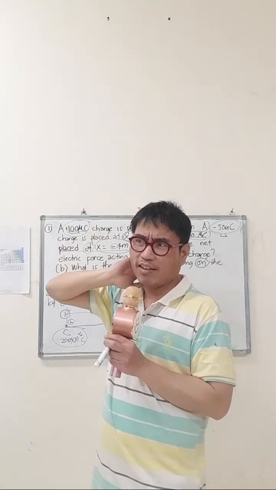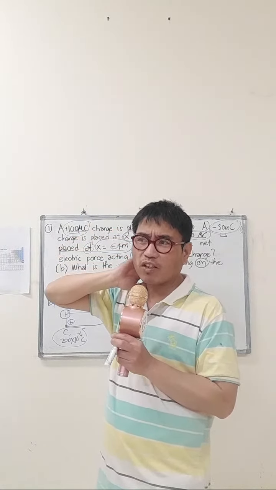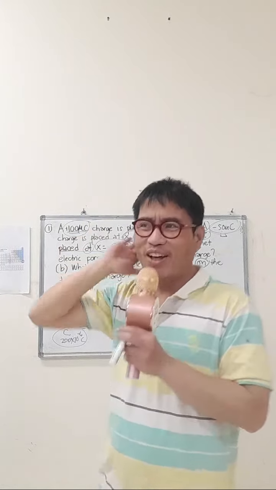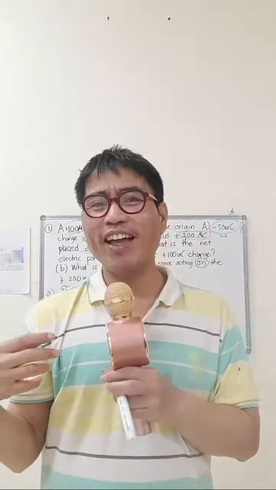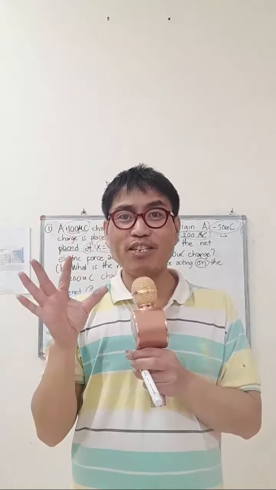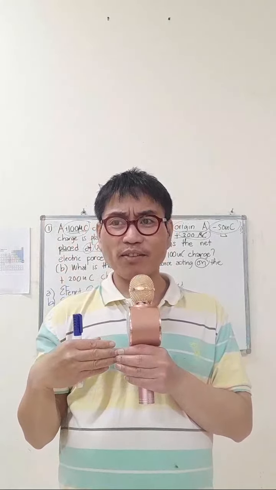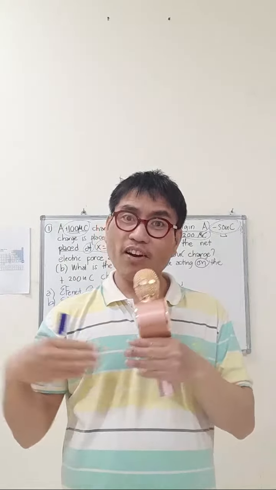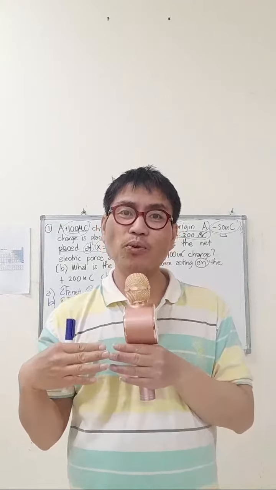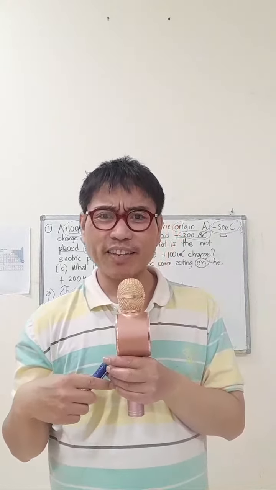If the balloon comes in contact with your hair, it will rub your hair, and then your hair will become positively charged and the balloon will be negatively charged. That's why it creates an attractive force. Attractive meaning they are interacting with each other to produce a current or electric charge.